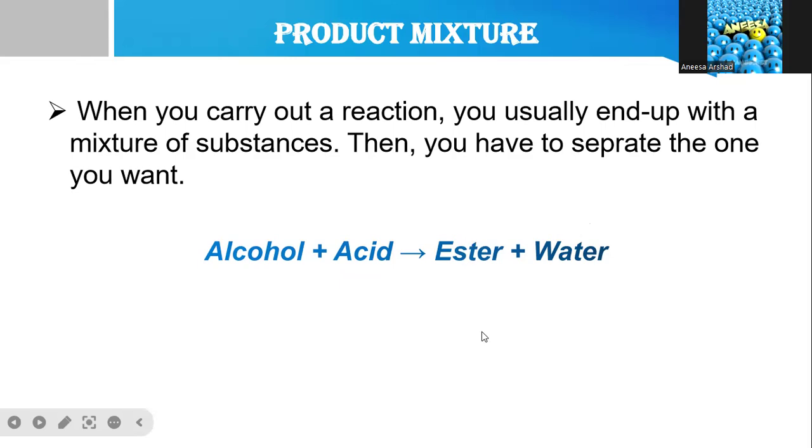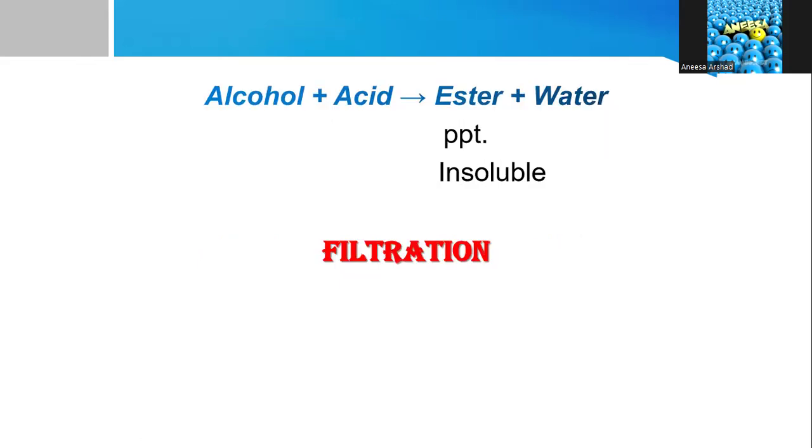So now we need to separate that ester from the water. So how will we separate the water from the ester and get the pure product? For that, first of all, we will look at the properties of the esters which have been synthesized during the reaction. In this mixture, the ester usually appears in the form of precipitates.